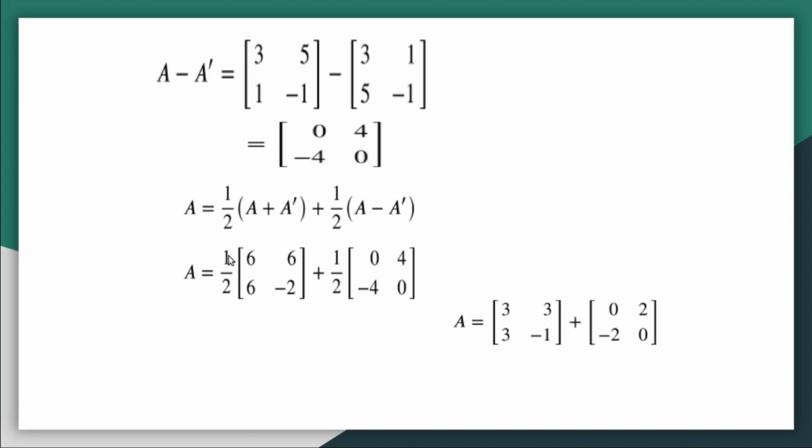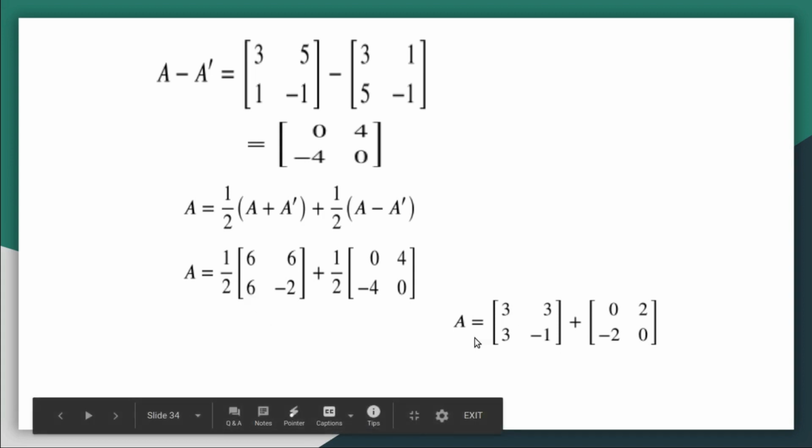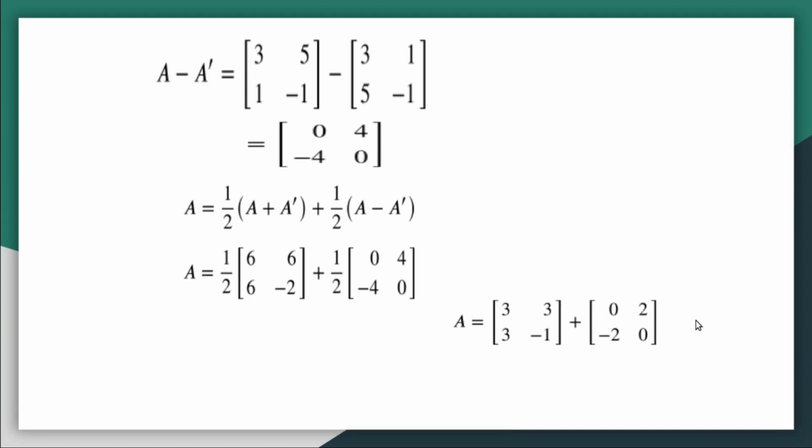Multiply each element by 1 by 2, that is 6 by 2 is 3, 6 by 2 is 3, again 6 by 2 is 3, minus 2 by 2 is minus 1, and half into 0 is 0, 4 by 2 is 2, minus 4 by 2 is minus 2, 0 by 2 is 0. So this is the answer: A as sum of a symmetric matrix and a skew symmetric matrix.